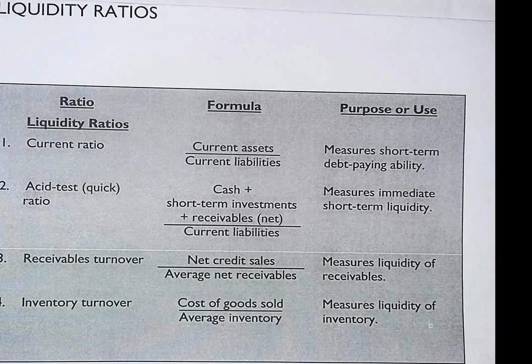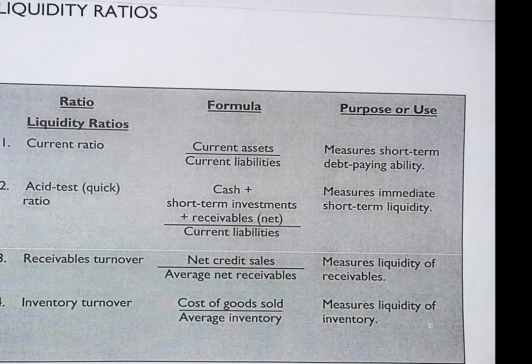Then the third one is inventory turnover. We find it by dividing cost of goods sold over average inventory.